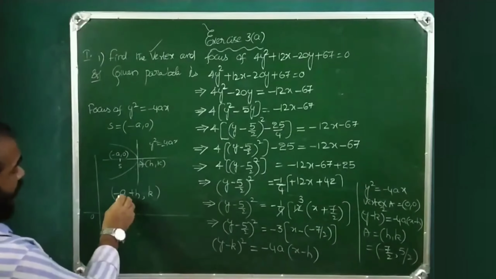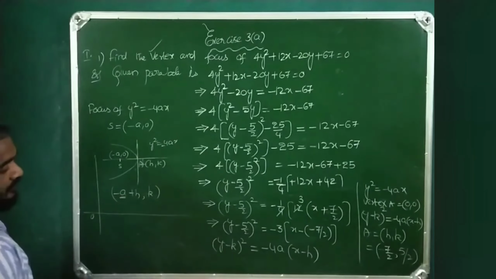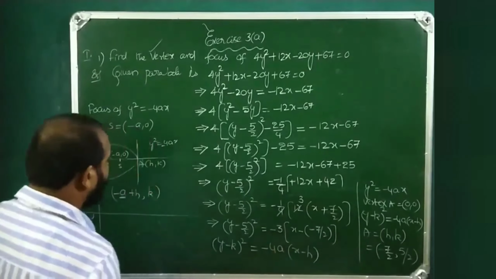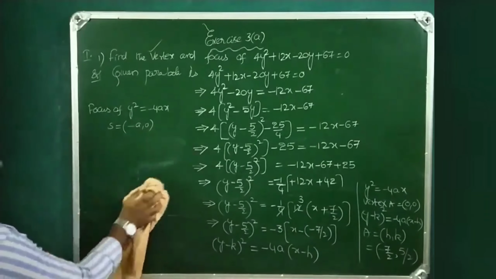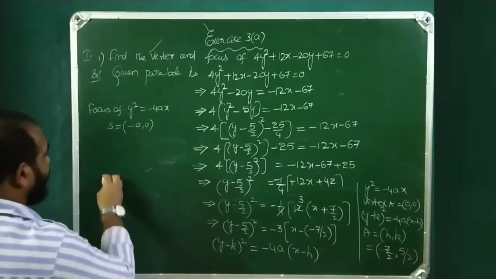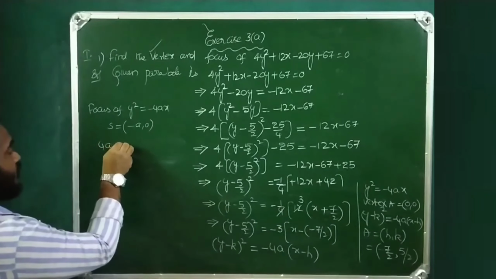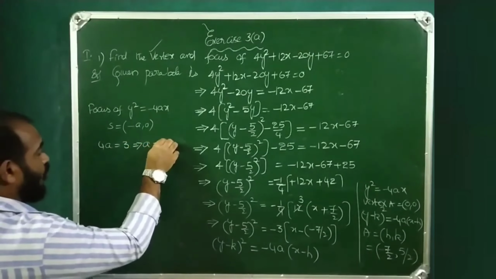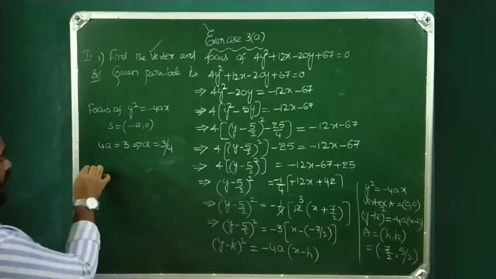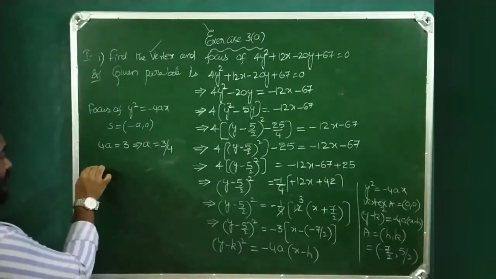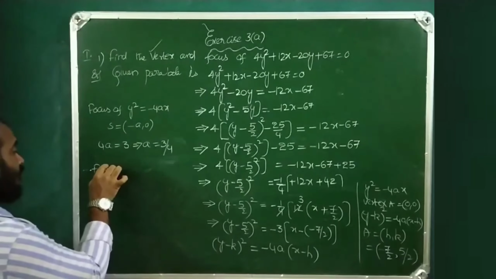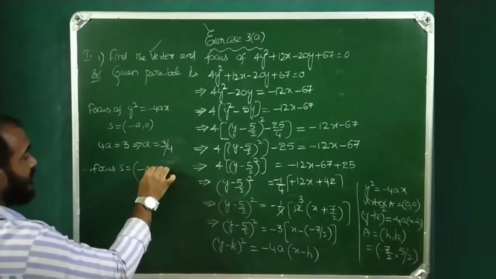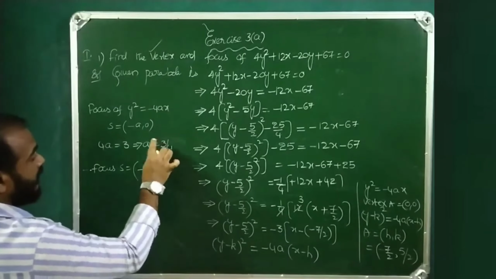So first of all, what I require is a. So here minus minus same, 4a equals to how much? 3. 4a equals to 3, a equals to 3 by 4. Therefore, the focus S is equal to (minus a plus h, comma, k).